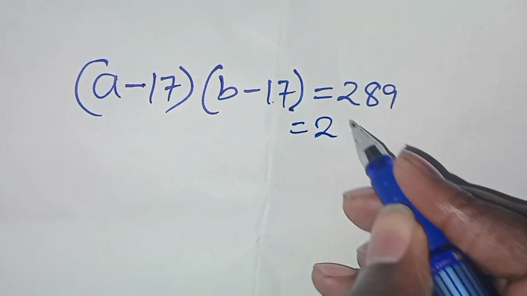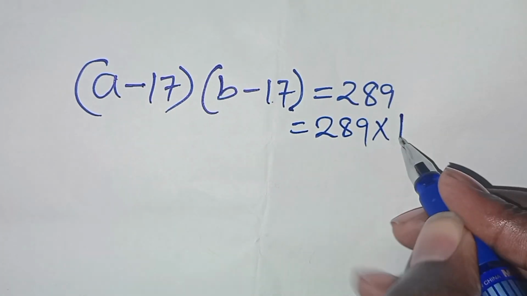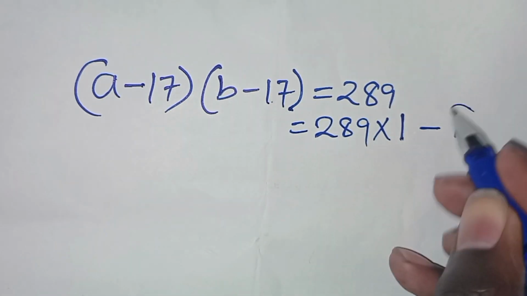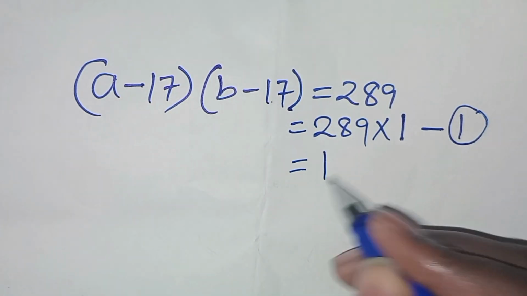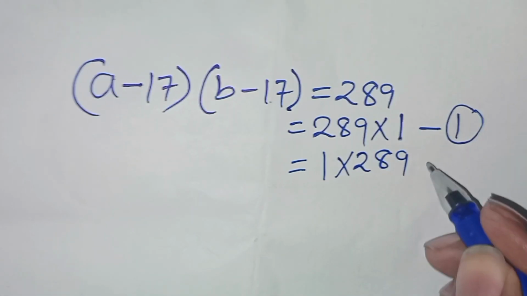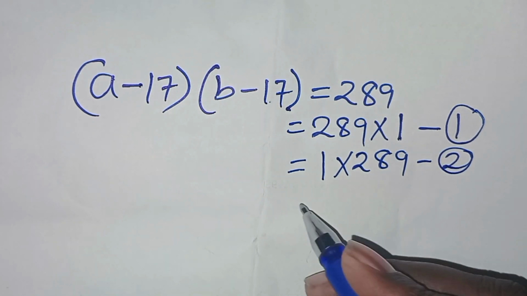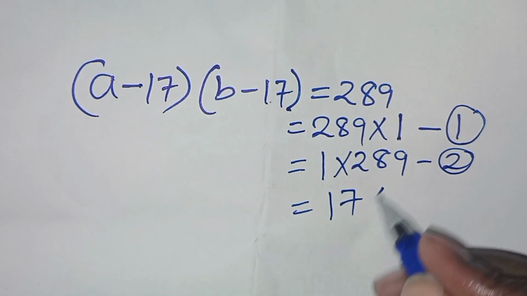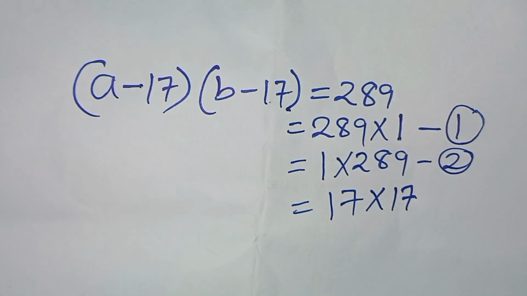So you'll have 289 times 1, this is the first factor. And then we have 1 times 289, let's call this the second factor. And then we have the third one, which is basically 17 times 17.